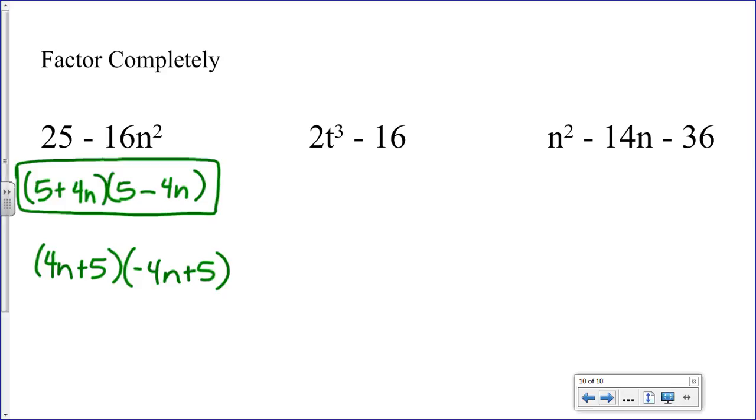Next one. Is there a common factor? Yeah, what do I want to factor out? 2. Okay. On the inside, I see subtraction. Is it a difference of squares? No, what about difference of cubes? Yes. So keep that 2 out front. And write out your difference of cubes.